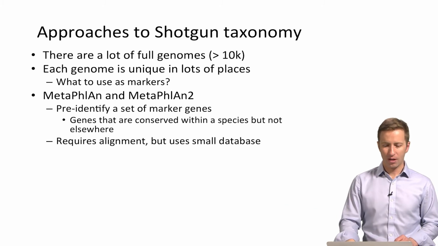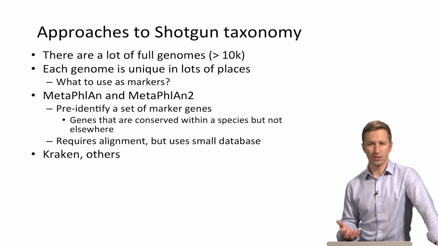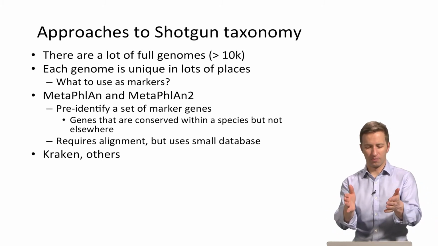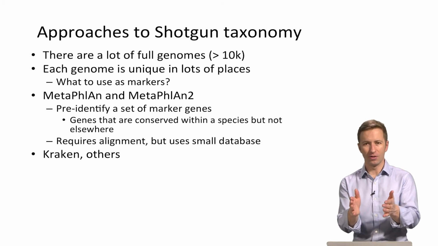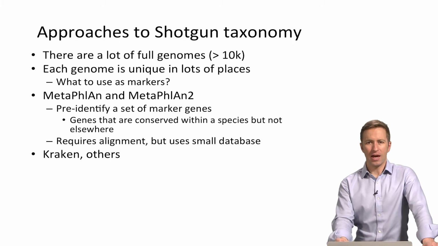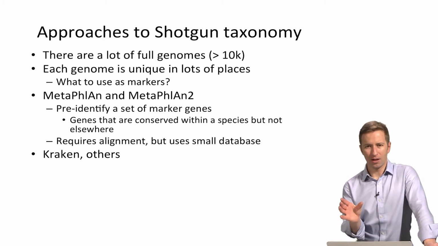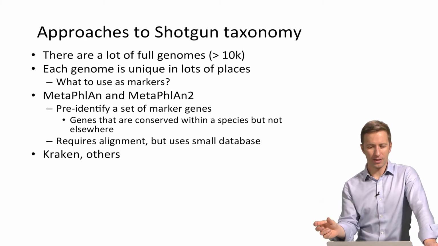Kraken is an example of a tool that uses k-mers. A k-mer is just a short section of DNA of length k. So you can use an 8-mer, for example. And what they do is they look for k-mers that are unique to one species in the same way as MetaPhlAn, but they store all of the possible k-mers.